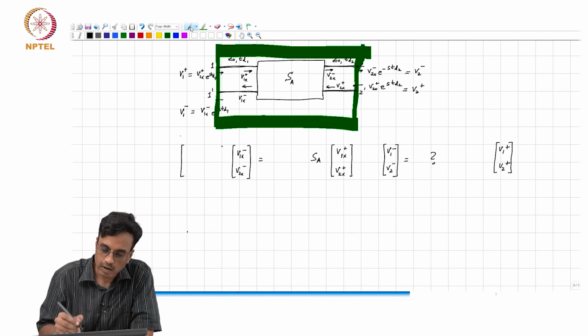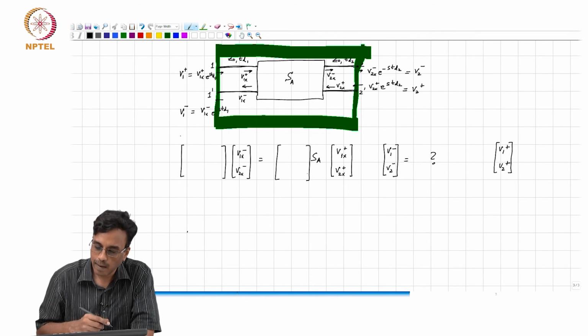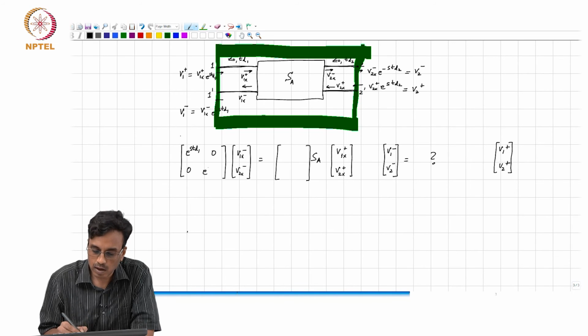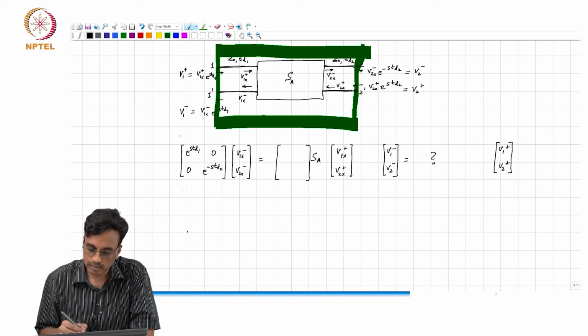It says you multiply this with a diagonal matrix which is e to the power s Td1, 0, 0, e to the minus s Td2.